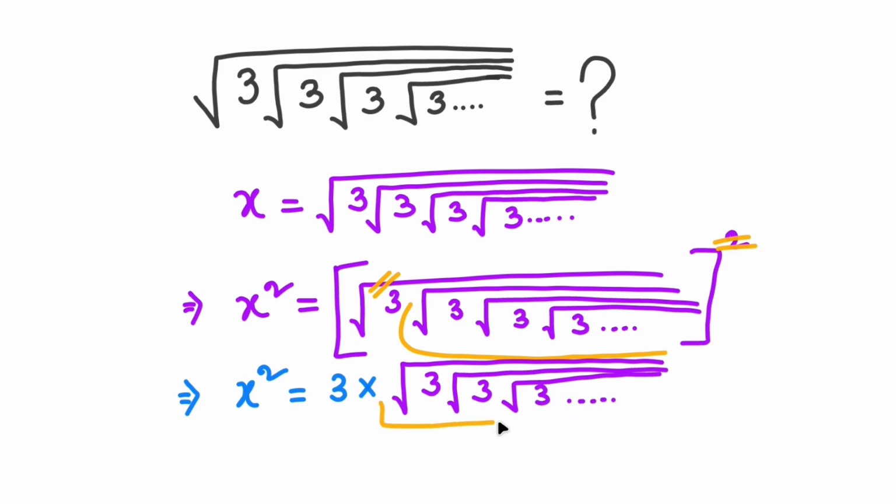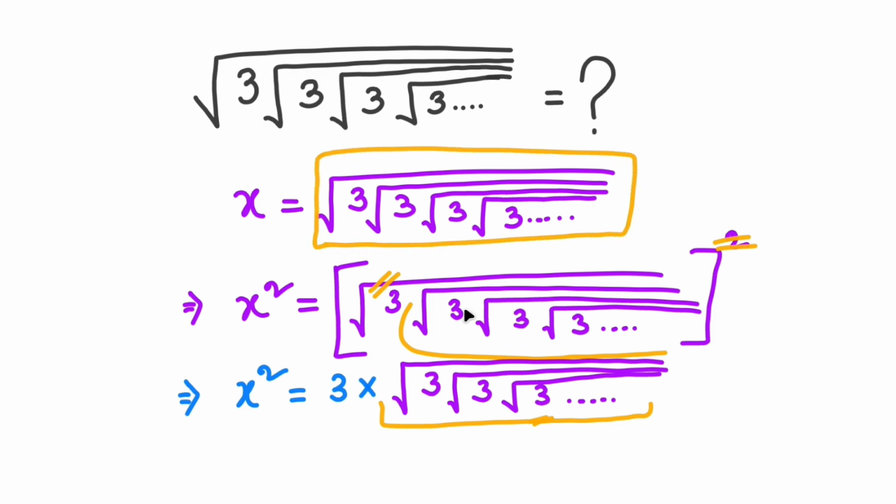Now look closely at this equation. Because it goes on to infinity, this part is actually the exact same thing as our original x. So we can replace this part by x and we can write x square equals 3 times x.